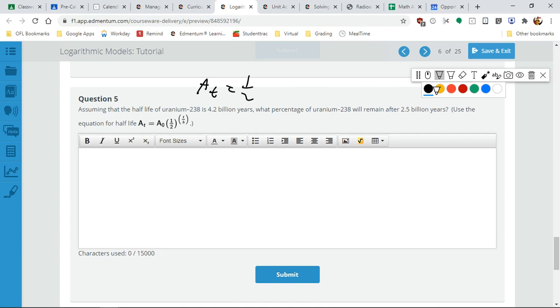So I'm going to do 1/2 to the power of T over the half-life. Since they're both in billion years, you don't have to type in the 9 zeros, because those 9 zeros are going to cancel each other out. I'm just going to label it like this. Now I'm going to go to my Google calculator.